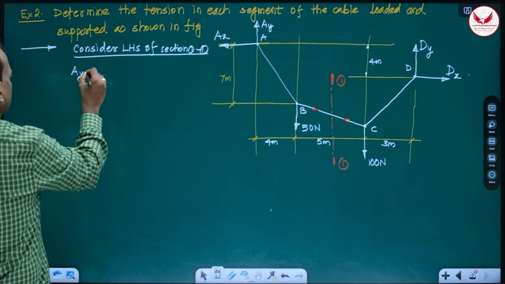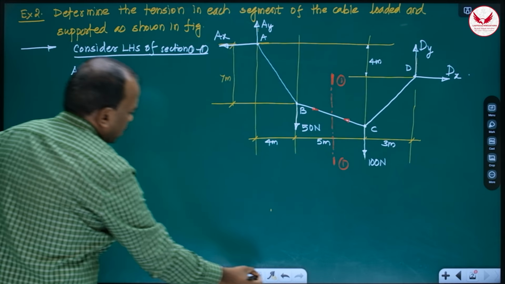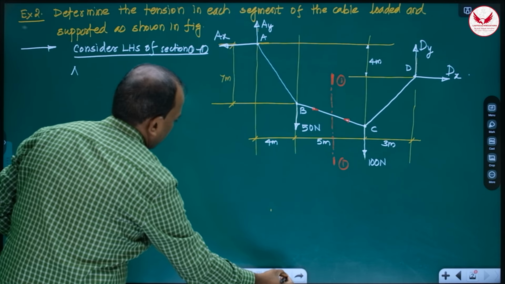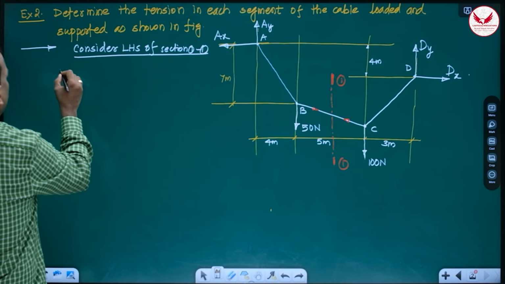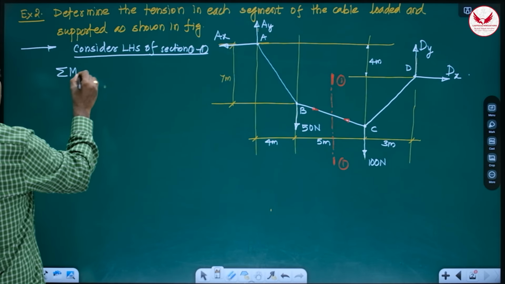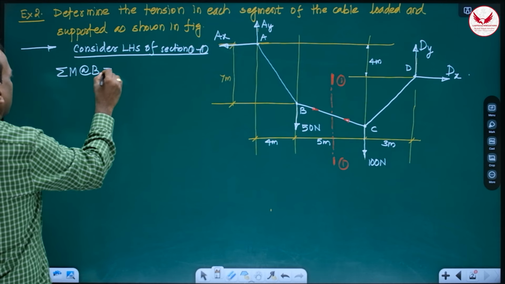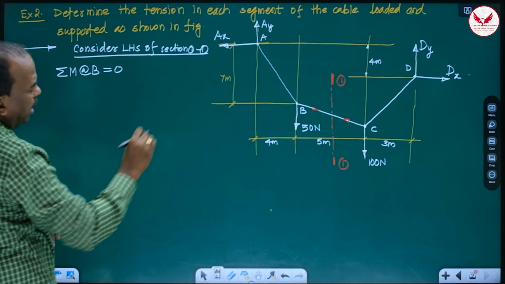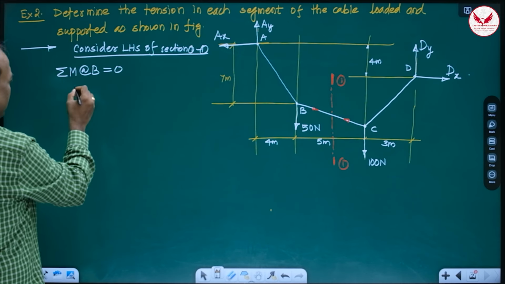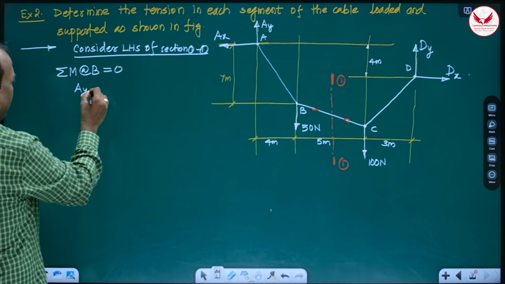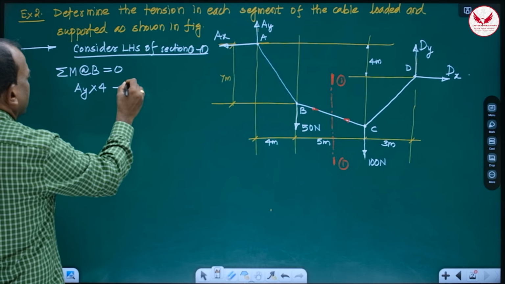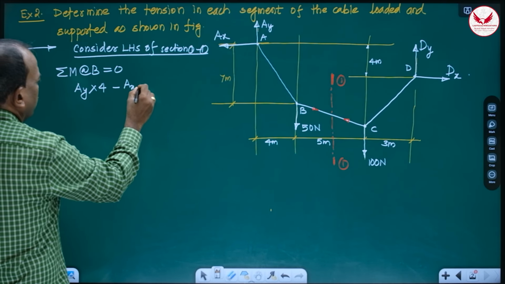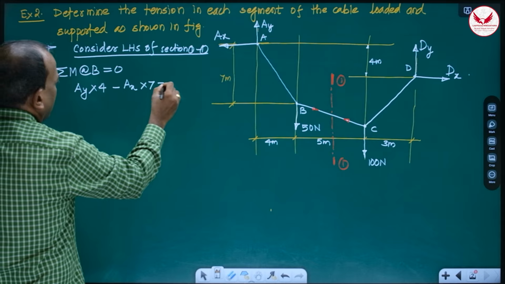Before that, what are we supposed to do? Take the moment at B. Summation M about B is equal to 0. And when we take the moment about B, AY, horizontal distance 4, minus AX into 7, is equal to 0.